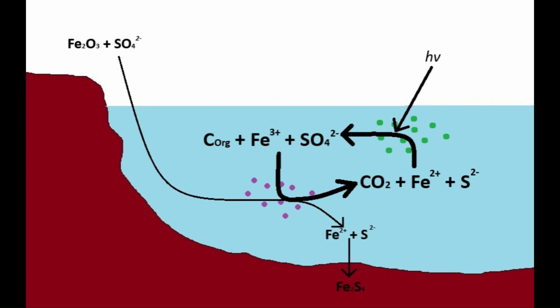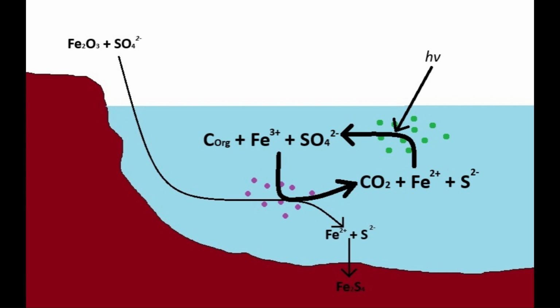If this was the case, respiring heterotrophs could use sulfate and iron oxides washed into the lake at the bottom of the crater as electron acceptors to oxidize organic carbon. While some of the resulting iron 2 and sulfides would have been incorporated into the greigite nodules, most of it would go back into the water column.